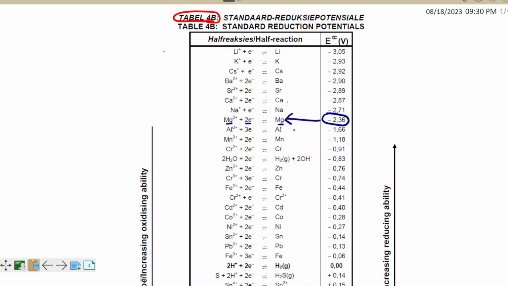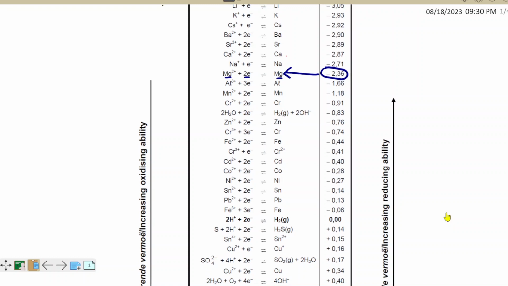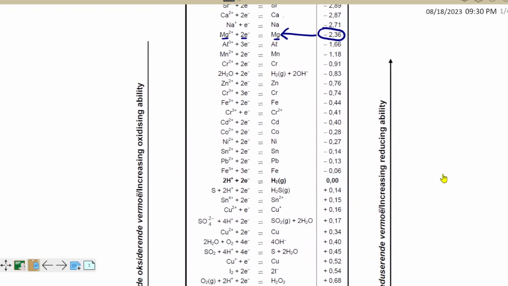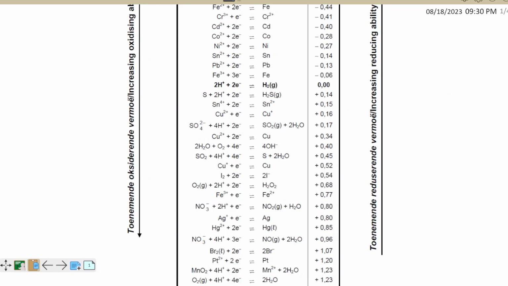Now let us look for the second one, which is Ag, the silver. So we're looking for the silver. Okay, we find it there at the bottom. This is the silver, Ag.